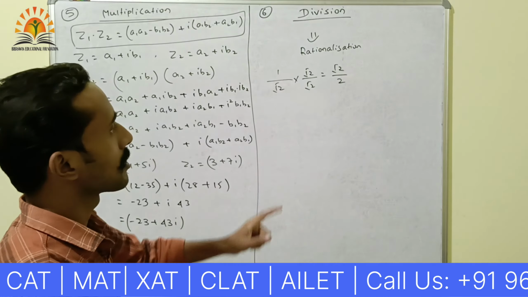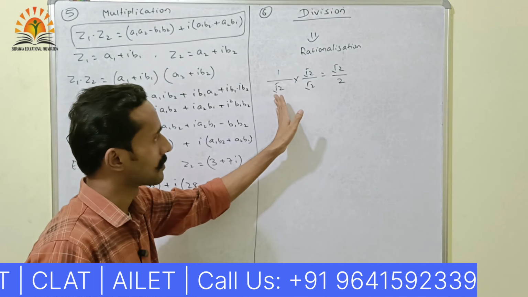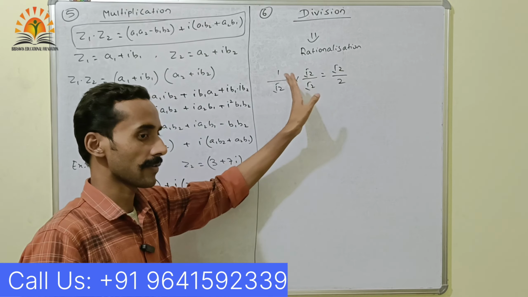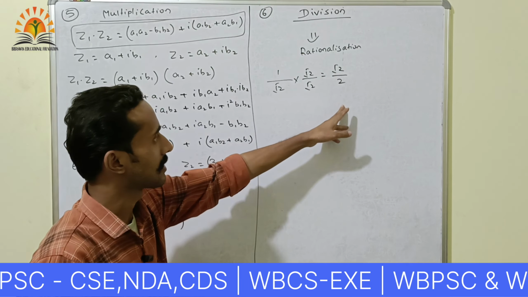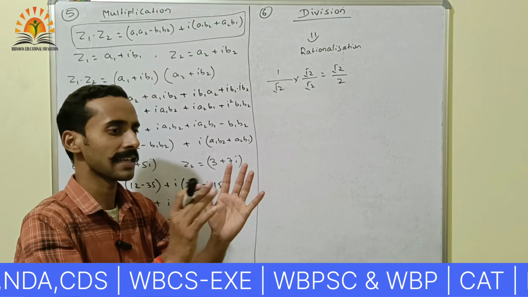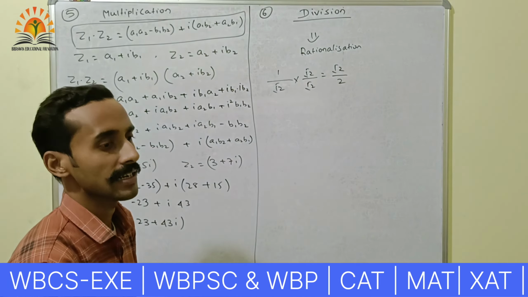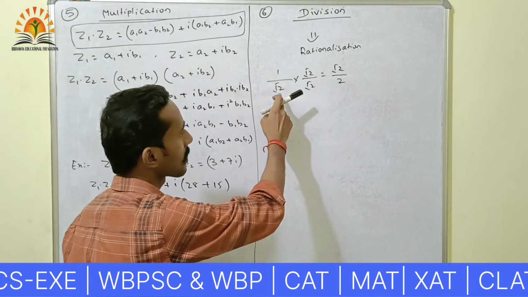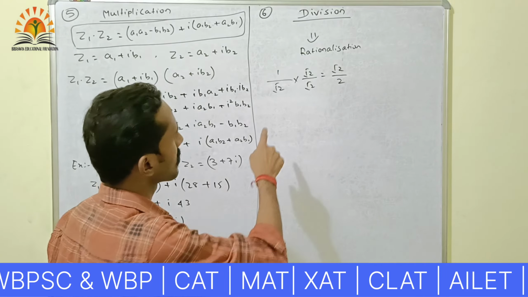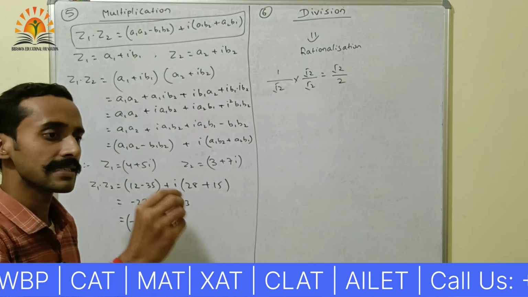So what is the actual meaning of rationalization? If we convert the denominator into a rational number by any means, by any formula, by any multiplication, division, that is known as rationalization. Why do we have to convert the denominator into a rational number? Because if the denominator is other than a rational number, then it does not make any sense.